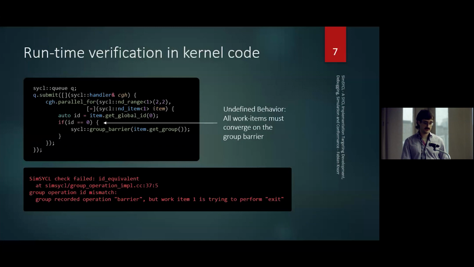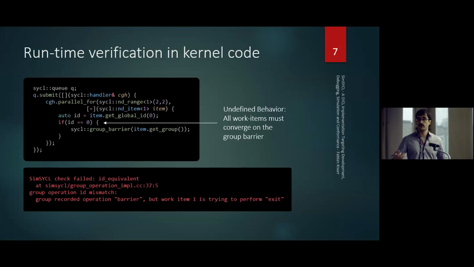So only a single work item participates in the barrier, and all the other work items exit the kernel immediately. This is illegal SYCL code, and depending on what hardware you're running this on, it will either silently pass, or crash, or hang. I don't know. What we do in SimSYCL is that we detect this condition.